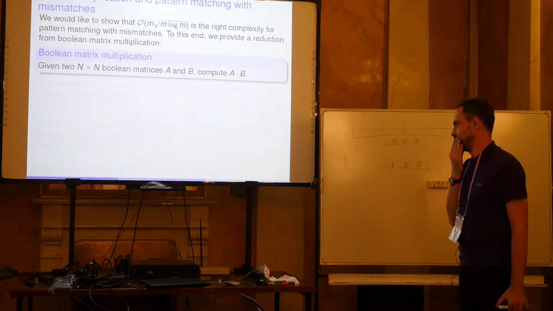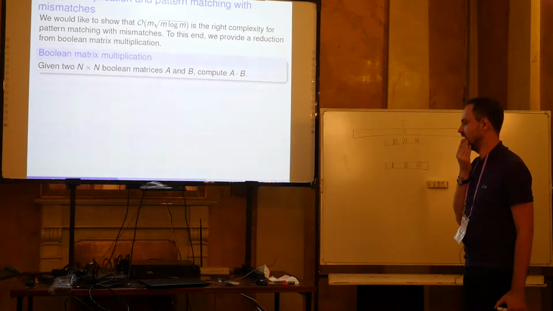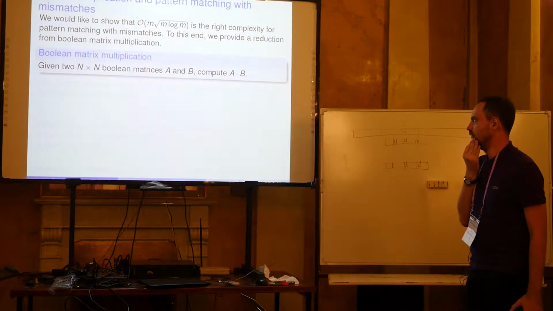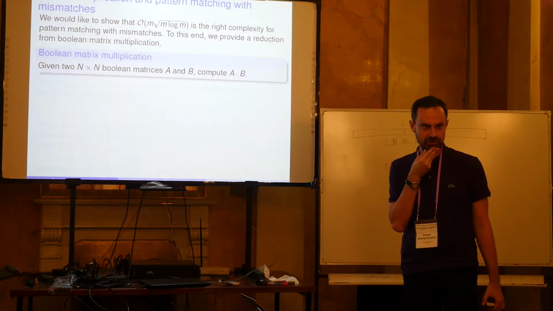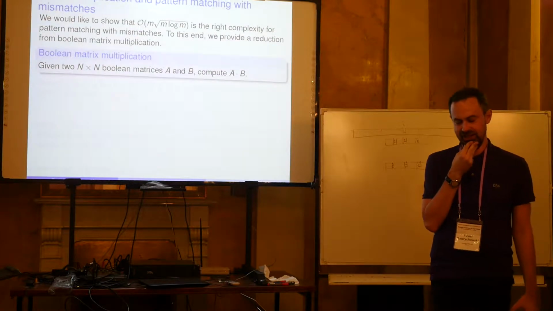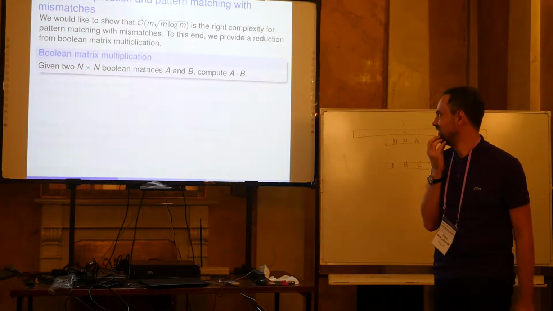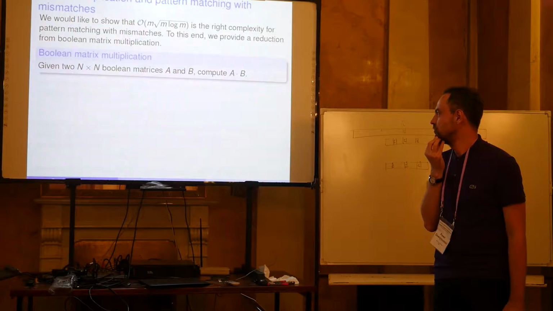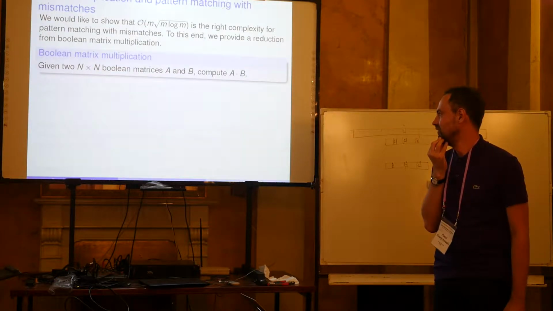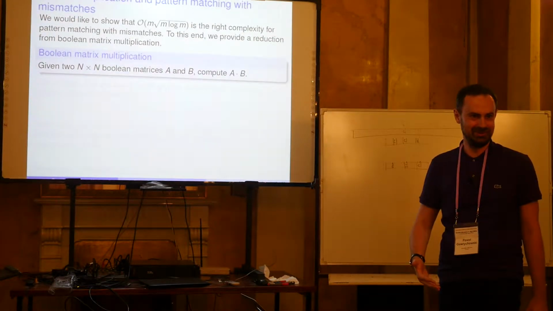Now there is this notion of combinatorial algorithms. So what is a combinatorial algorithm? Essentially, it's a bit of a funny definition. It's an algorithm that doesn't use any of those fancy Strassen and better algorithms.